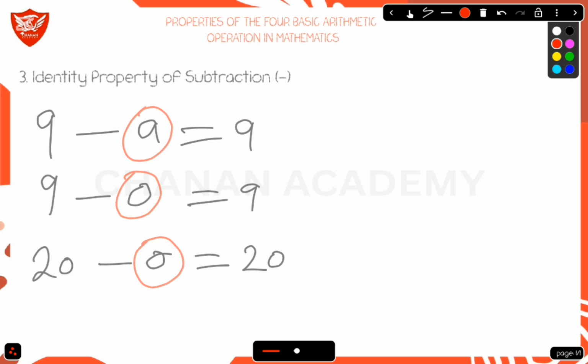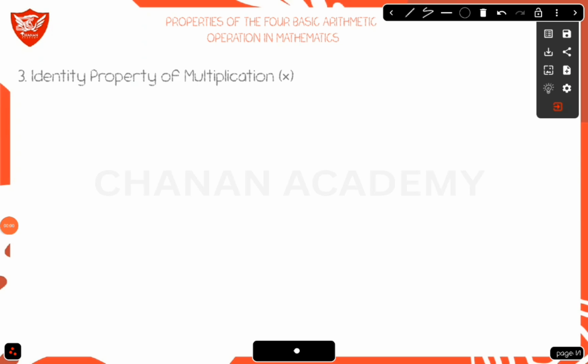Alright, so the next one we are looking at is the identity property of multiplication. What do you think will be the identity element of multiplication? What do you think you can multiply with an element that will give you that same element? Okay, so let's say A multiply by 1.